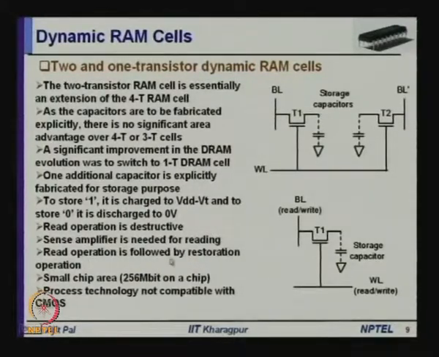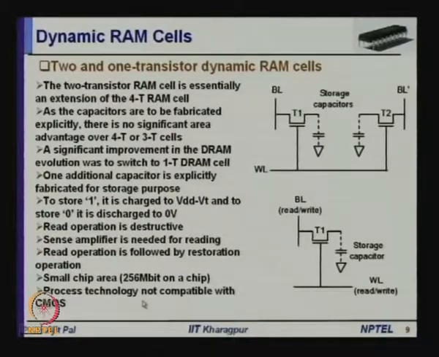The read operation is followed by a restoration operation, and also you will require a sense amplifier for reading, as I have already explained. The sense amplifier is required in all cases. And as I mentioned, the chip area is very small in this particular case, because only one transistor and a MOS capacitor are required per cell.